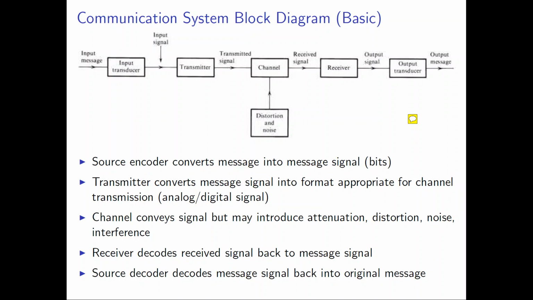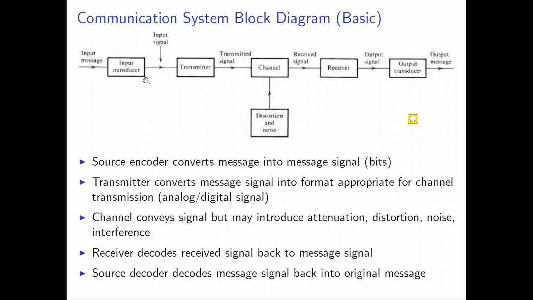So now what's the basic structure of a communication system? The most fundamental one can be described in the picture you see in front of you. Basically, you have your input message, which is here. Your input message passes through a transducer.